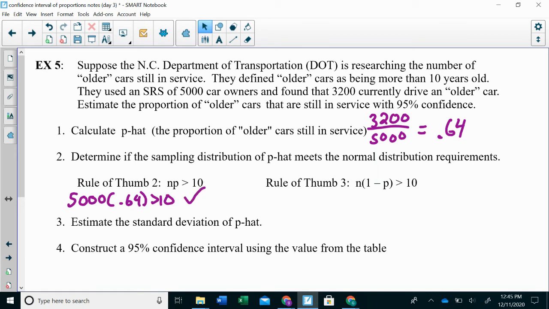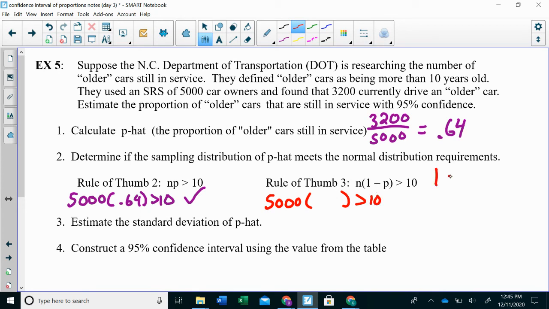Yes, it is. 5,000 times 1 minus P greater than 10. So 1 minus P, 1 minus 0.64 equals 0.36. So 5,000 times 0.36 greater than 10. Check. Yes, it is.